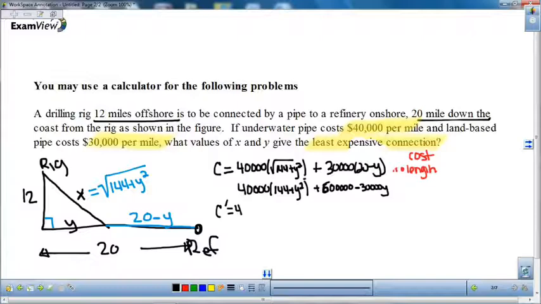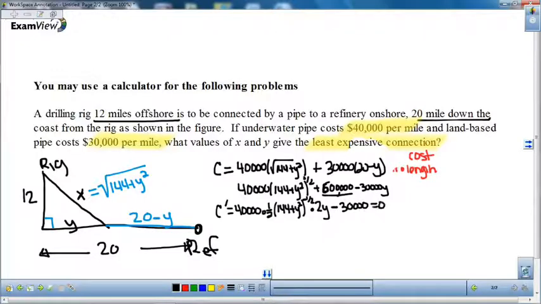I forgot to put the 1/2 there. So this is going to be 40,000 times 1/2. Everything on the inside stays the same. We're using the chain rule. Subtract 1 times the derivative of the inside, which is going to be 2Y. The derivative of 600,000 is 0, and the derivative of 30,000 Y is just 30,000.